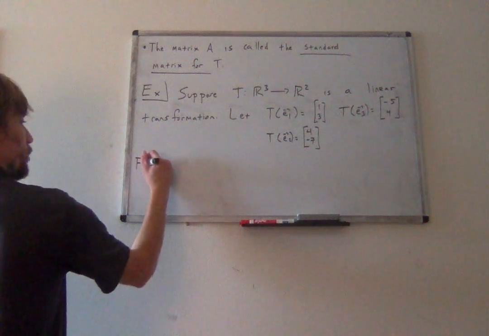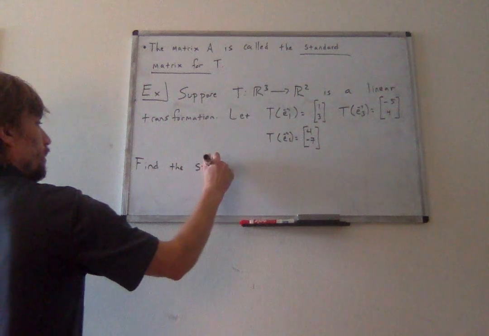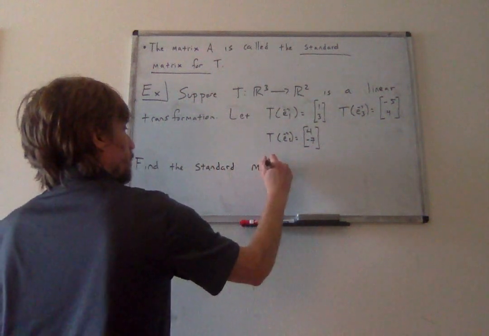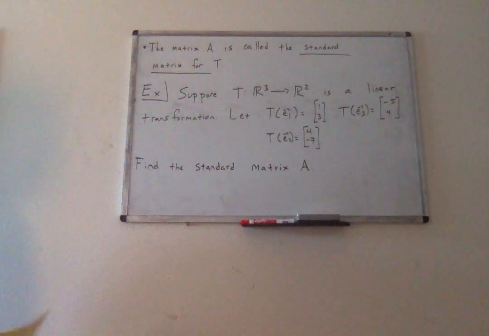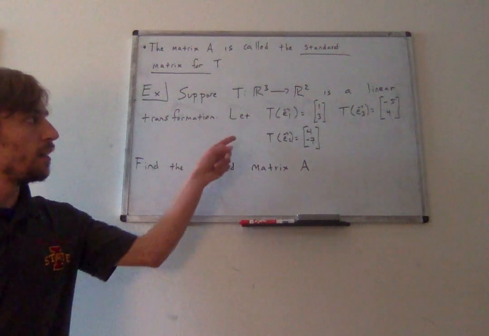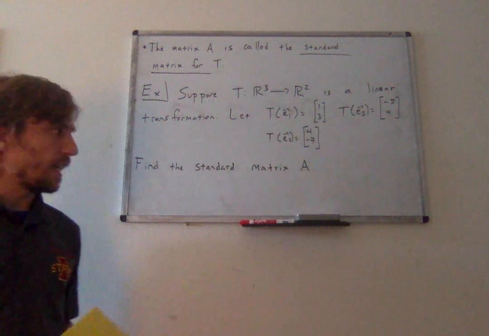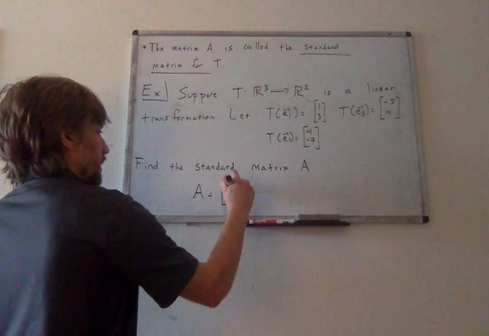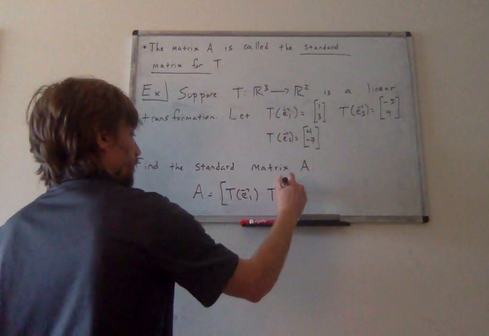And what we can do now is find the standard matrix A. Theorem 10, which we stated in math, is sort of a hammer in this way: given this information, the theorem makes it very easy, because A is equal to the matrix whose columns are given by the images of these vectors.